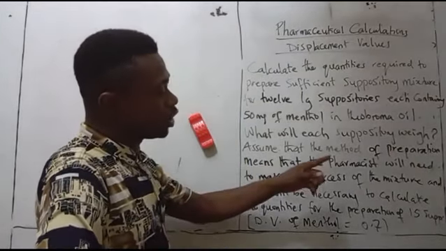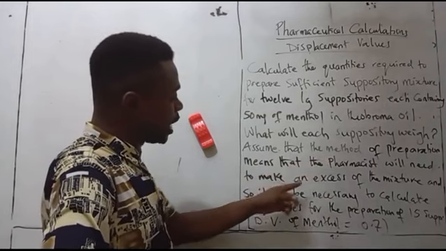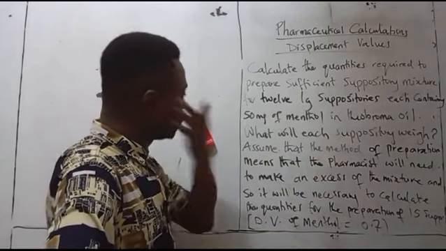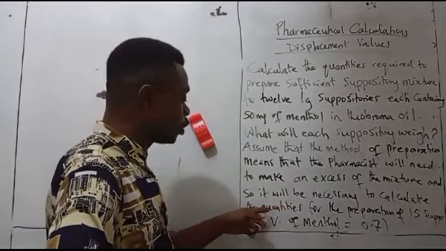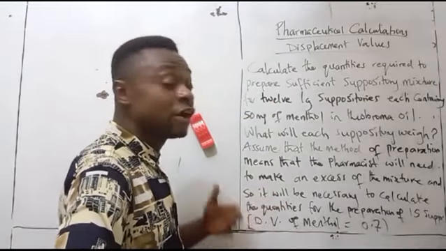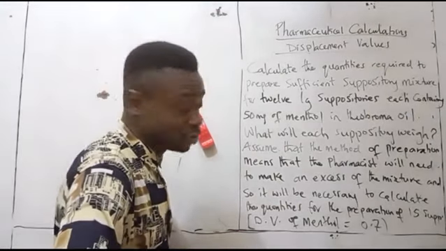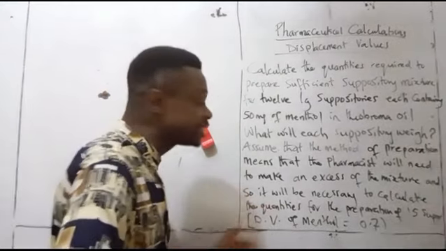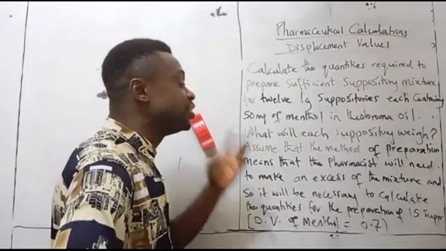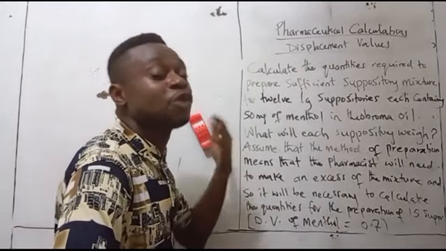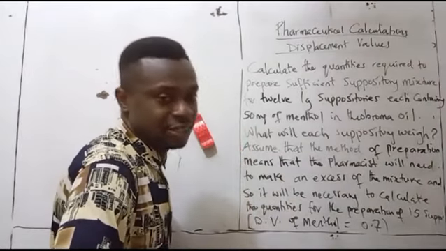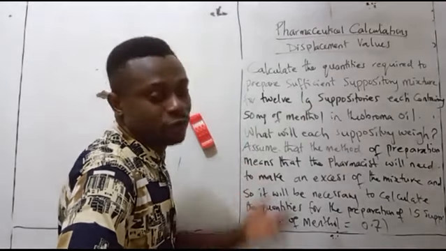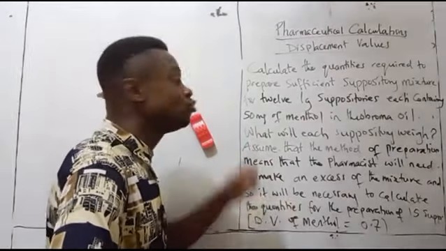Now, I want to say something about why this excess of the mixture. The pharmacist is meant to prepare 12, but we want to prepare 15. This is to make room for overage. Because as you are transferring and mixing the ingredient, there will be some losses. That is a certainty. So that no matter the amount of loss, you will still get your 12 suppositories.